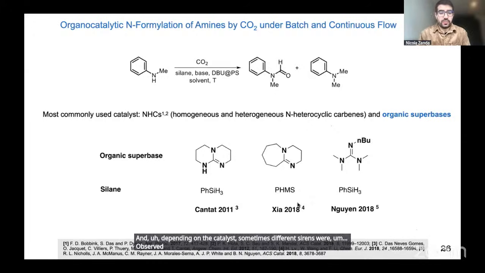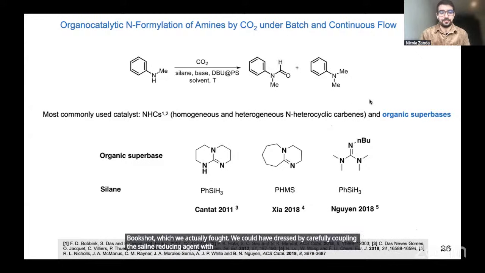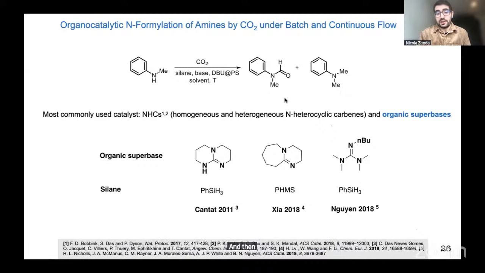There were two main issues to address in this transformation, which were the selectivity between the formylation and the methylation, which we actually thought we could address by carefully coupling the silane reducing agent with our catalyst, and then the scalability.